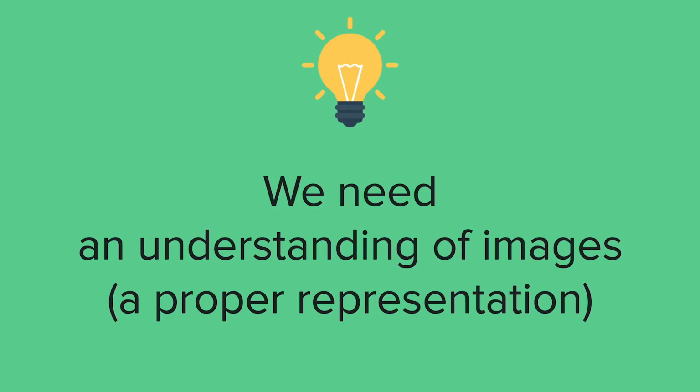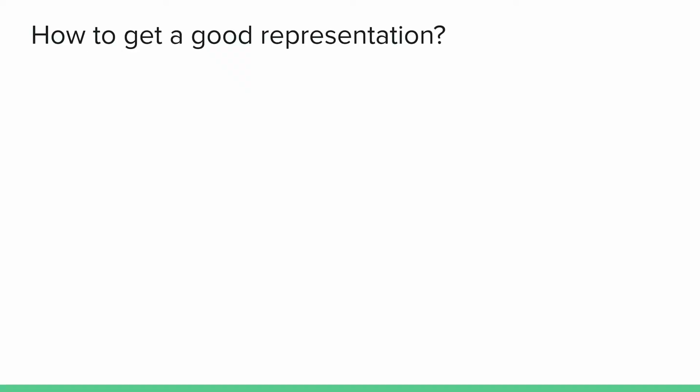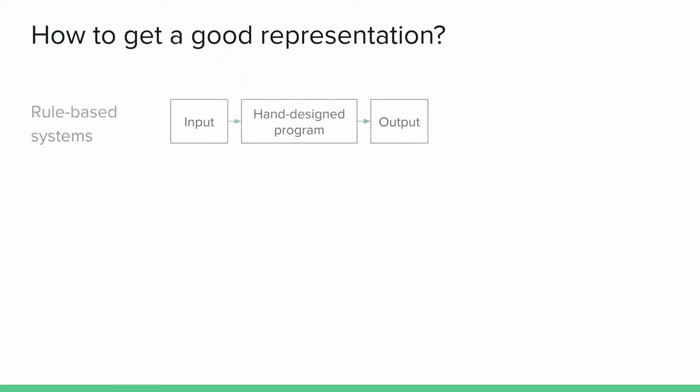Well, we need this sort of understanding of images. And in images, we know that pixels that are nearby are often related, and we need to extract a meaningful representation of this. So, how do we get a good representation here?